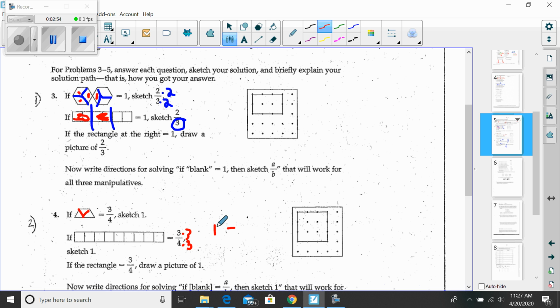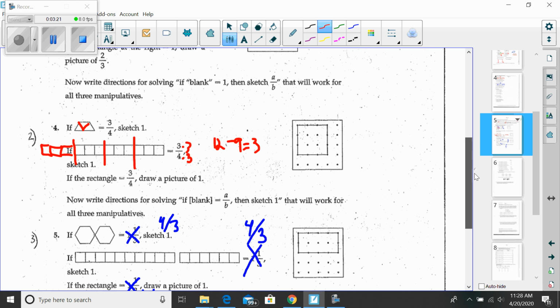The denominator is 12, the numerator is 9, so I would need to add 3 more pieces here to complete the whole. So 1, 2, 3. Or I could have just looked at this like I divided this up into 3 pieces, and each one of these pieces now represents the quarter.